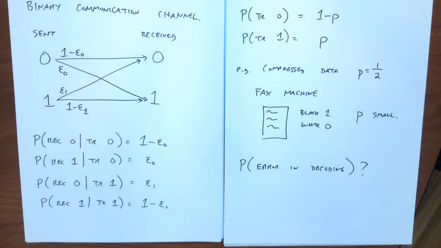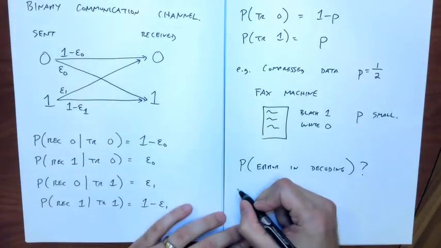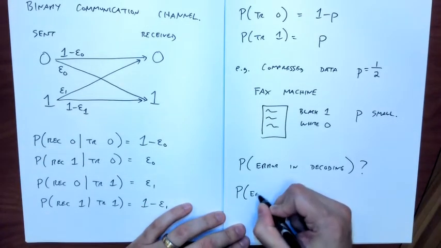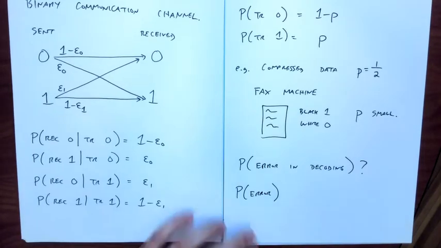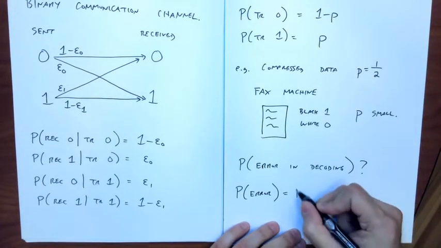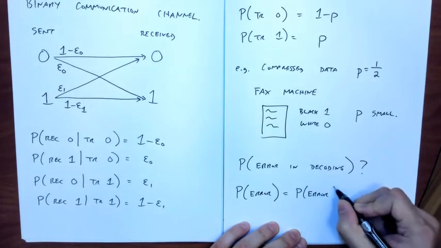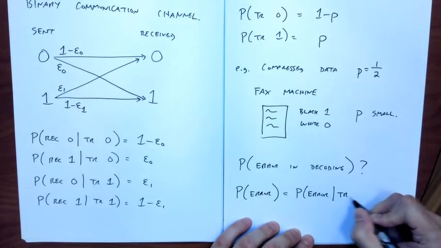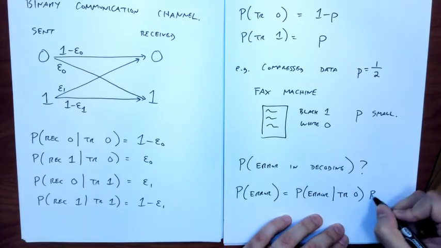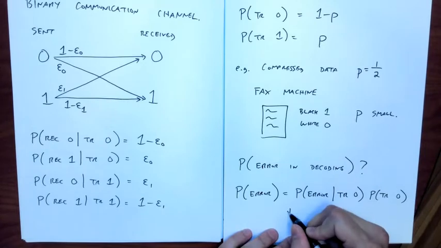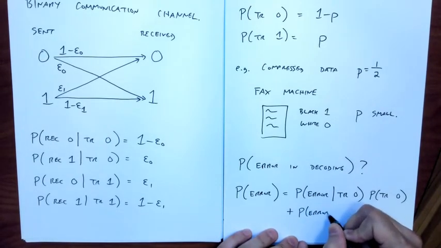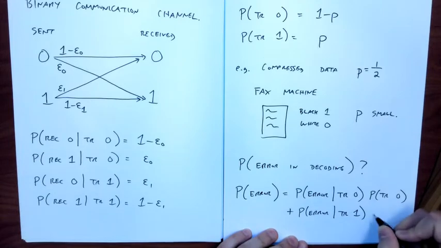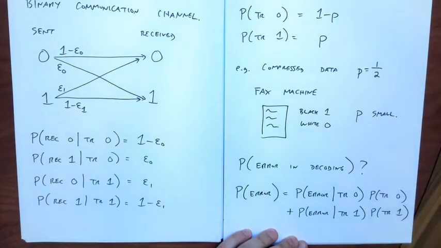Okay. Well, I can build that error out of the composite pieces that I have, right? So let's use my theorem, right? This is like saying the probability of error overall is equal to the probability of error given that I transmitted a 0 times the probability that I transmitted a 0, plus the probability of error given that I transmitted a 1 times the probability that I transmitted a 1, right?